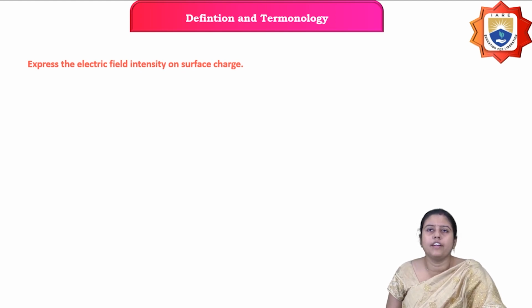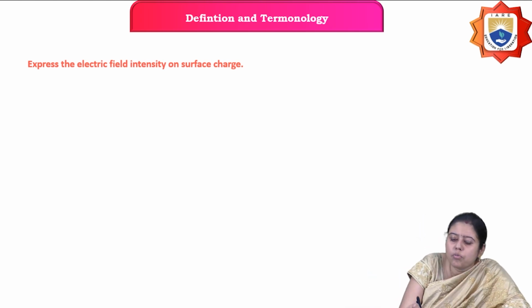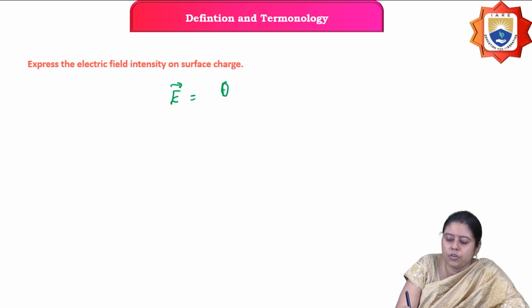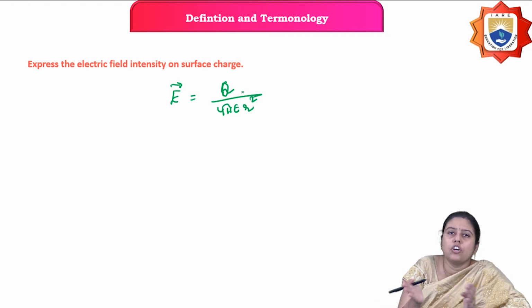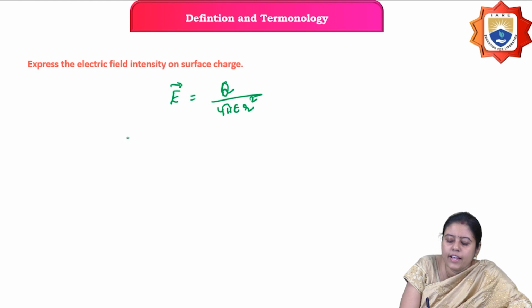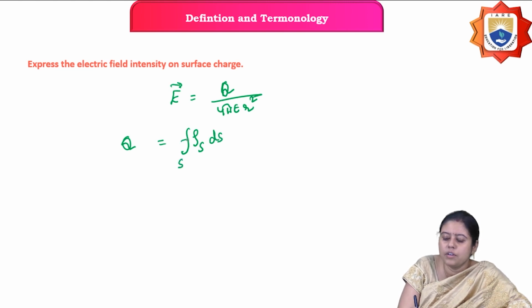Express the electric field intensity on the surface charge. So we know that the electric field intensity E is equal to Q by 4 pi epsilon R square. Now for the surface charge, we wrote before that the charge Q is equal to the integral of rho S dS for a closed surface.